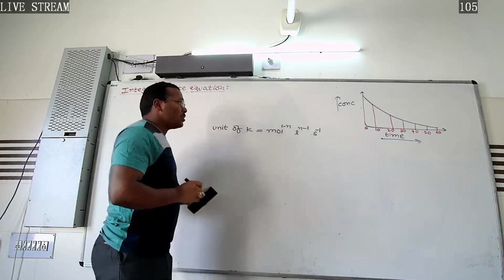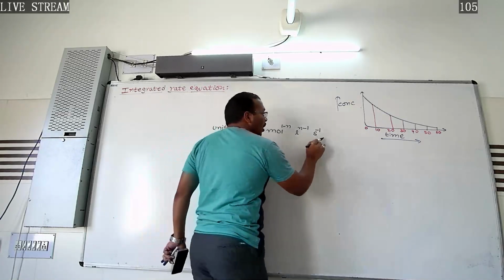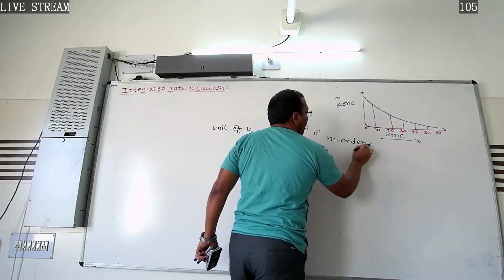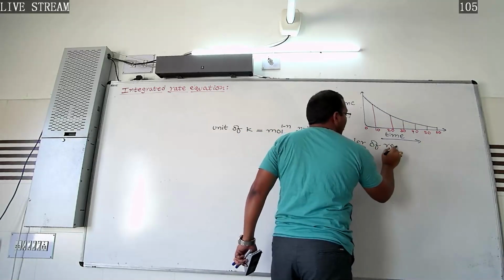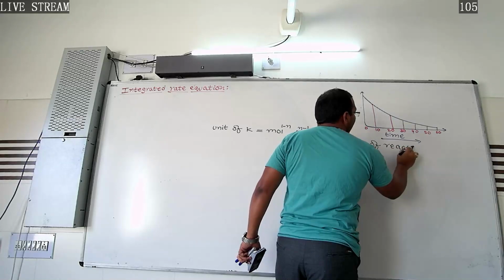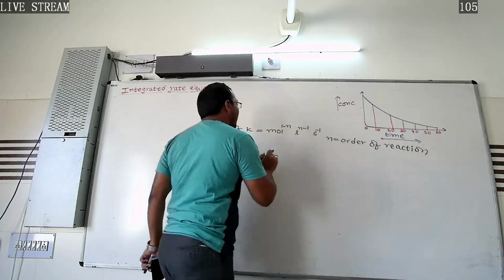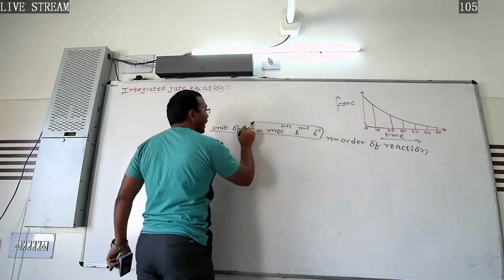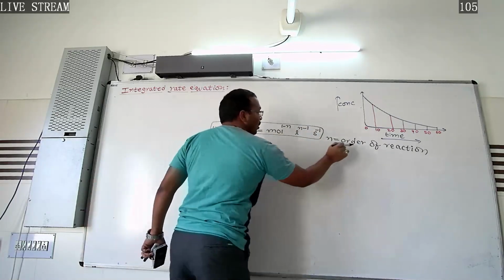That is the unit, where n is the order of reaction, which means the expression of K depends on order of reaction.